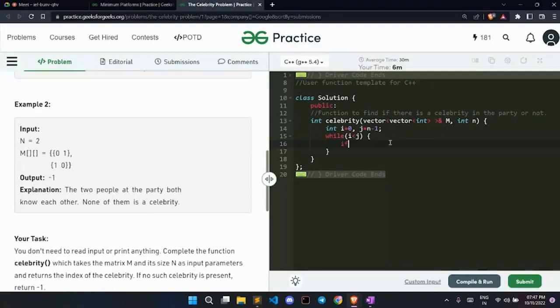And what we will do, if of I of j is equal to 1, that means the ith person cannot be the celebrity because this person knows the jth person. So we will do I plus plus, else we will do j minus minus.